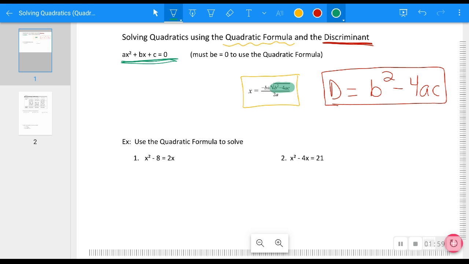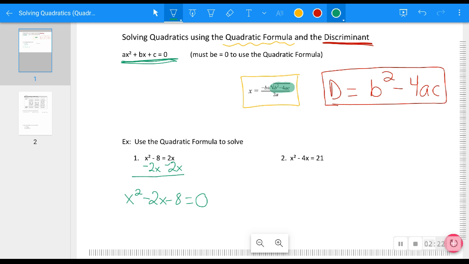Because it's a positive 2x, all we have to do is subtract 2x, and what we do to one side, we do to the other. Then we get x squared minus 2x minus 8 equals 0, which was our goal.